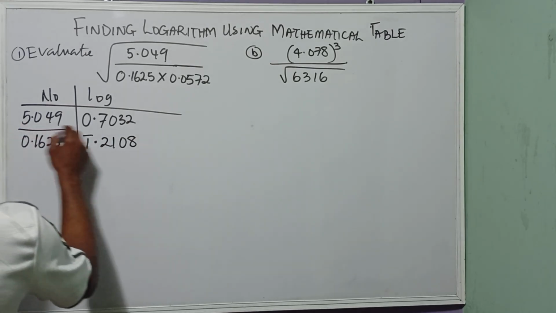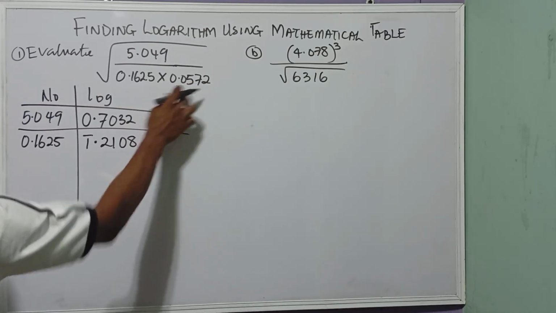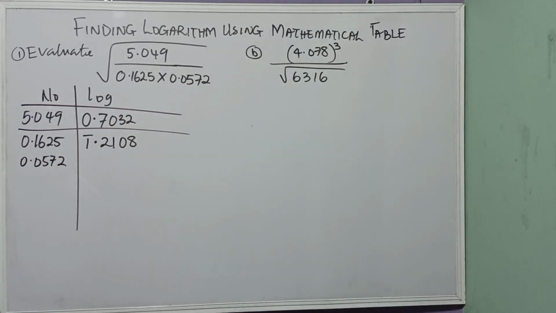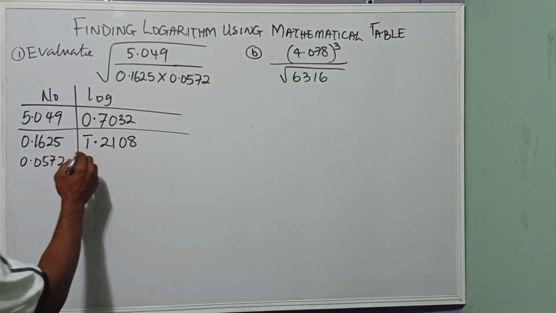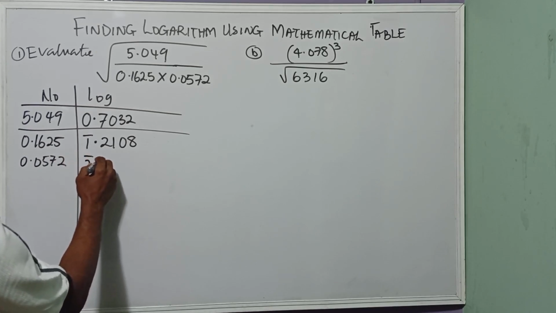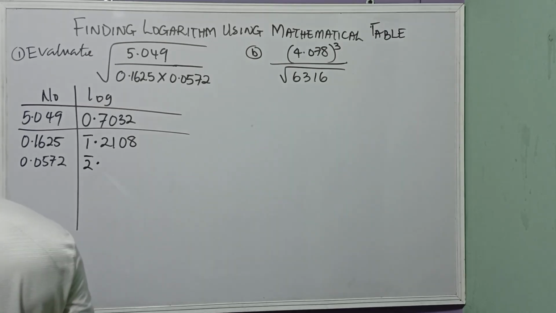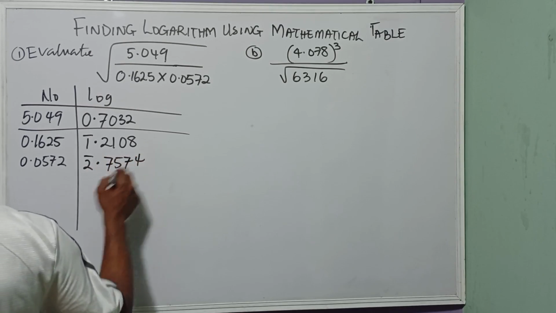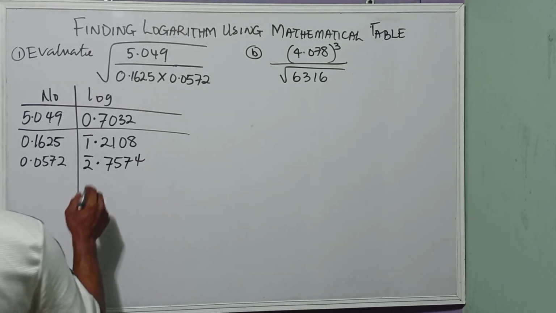Now, the next one we are looking for is 0.0572. Now, changing this to standard form, we are moving our point backward. How many times? 1, 2. 2 times. So that gives us minus 2. 57 under 2 will give us 7574. Okay? Now, we add.